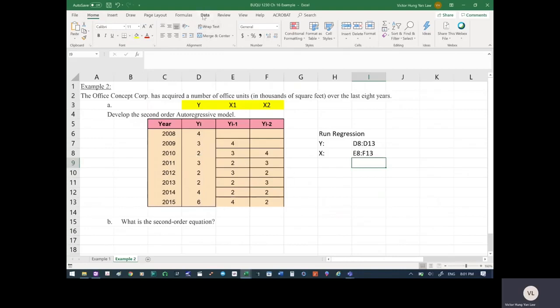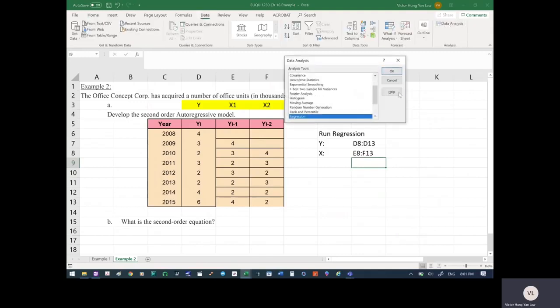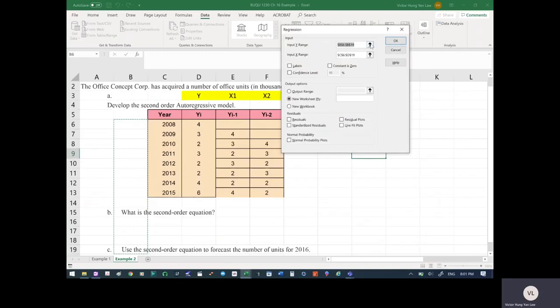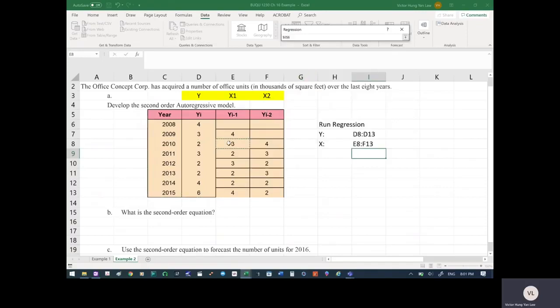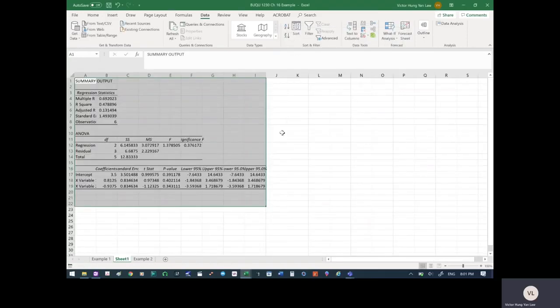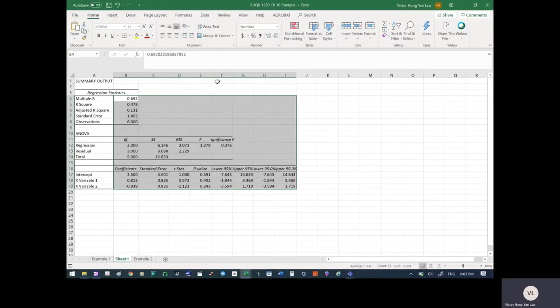We go to Data, Data Analysis, Regression. Our y is D8 to D13, and our x is E8 to F13. We press OK, and we get the regression output. Once we have the regression analysis table, we can format it and make it look pretty.